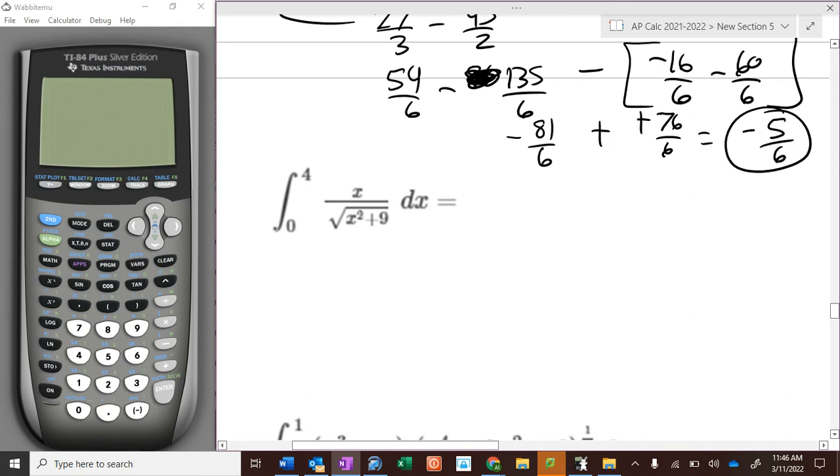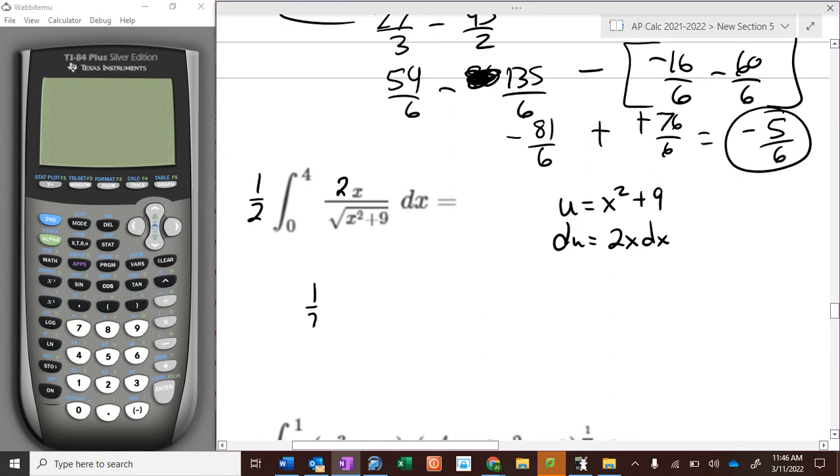Okay, 13's a little bit more difficult than that. How would we do this? This would be a U substitution. U equals x squared plus 9. Du equals 2x dx. So we need to put a 2 here, which puts a 1/2 in front.